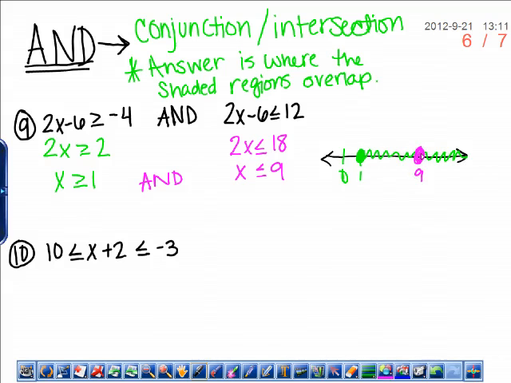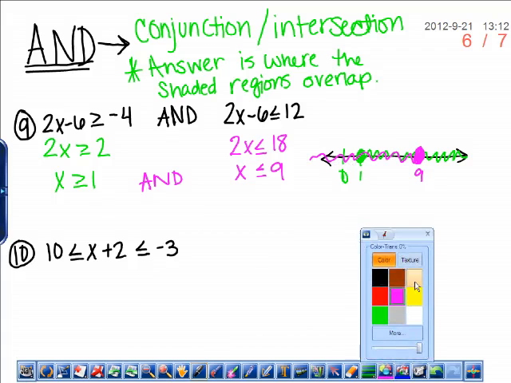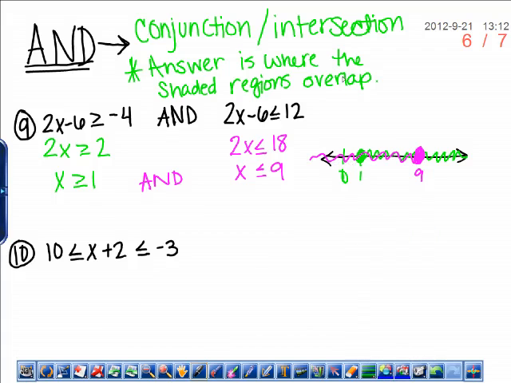You go to the left. I told you the answer is where the shaded regions overlap. With or, it had to be green or pink. With and, the solution has to be green and pink. So what portion of the number line has green and pink on it?